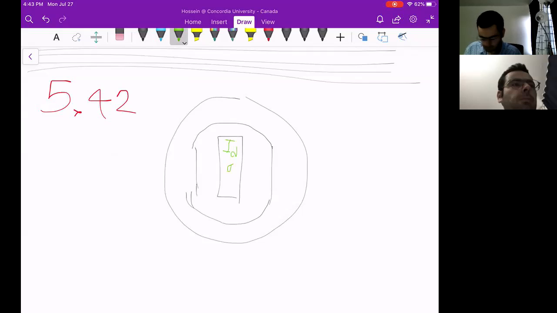This mass, which rotates around point O, is connected to mass 1 using 4 springs of stiffness K. This length is 2A.